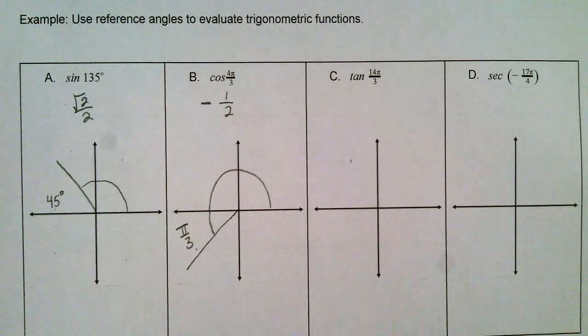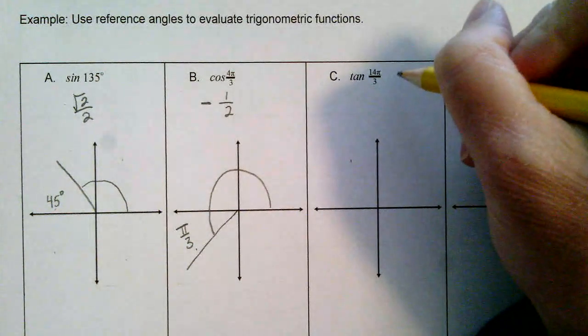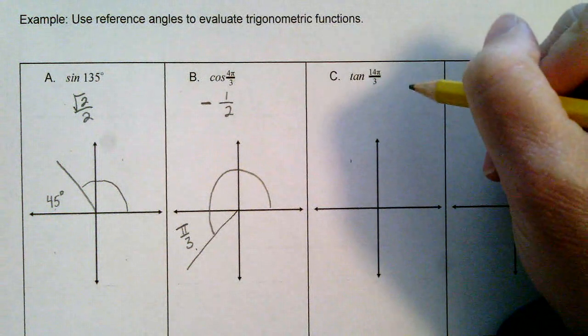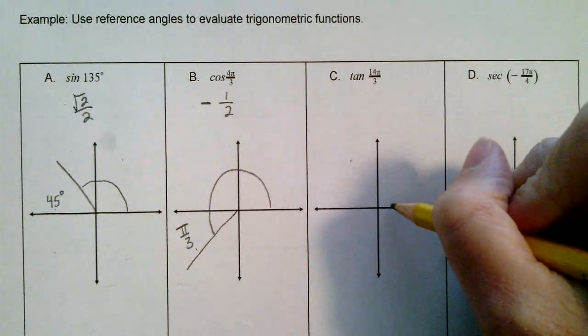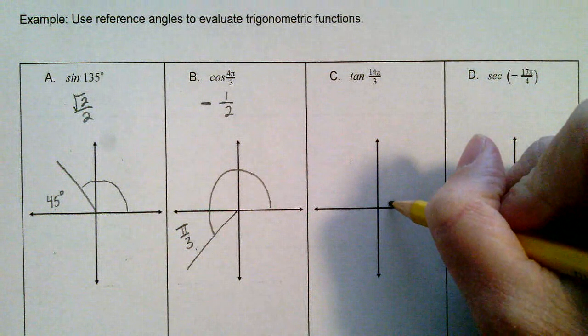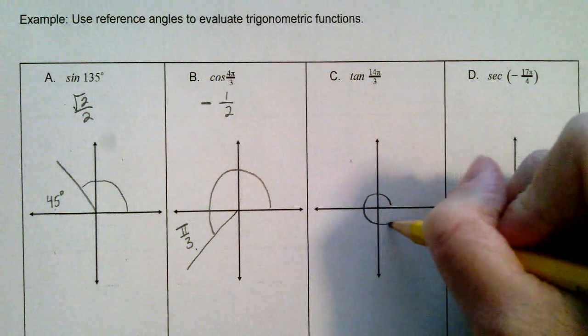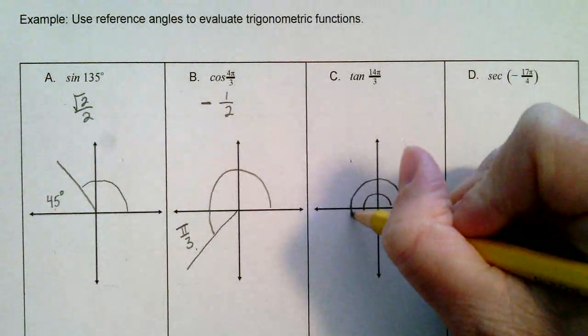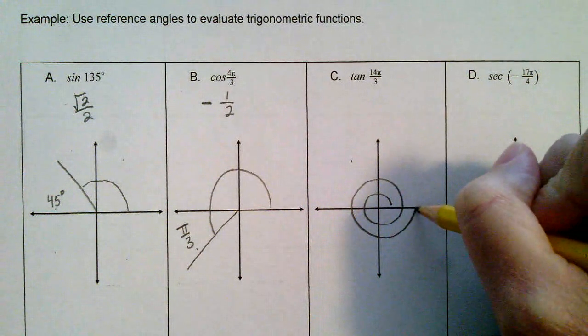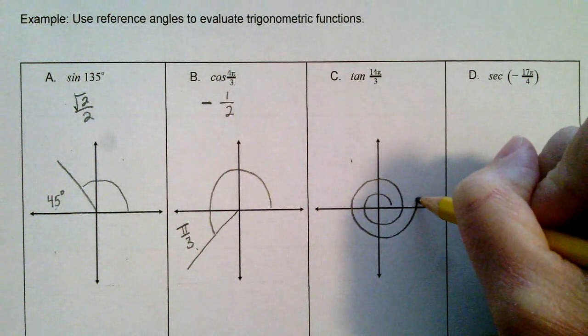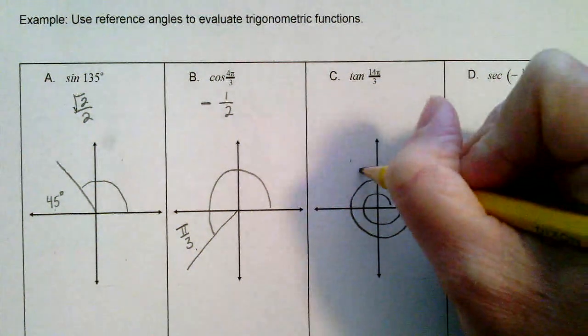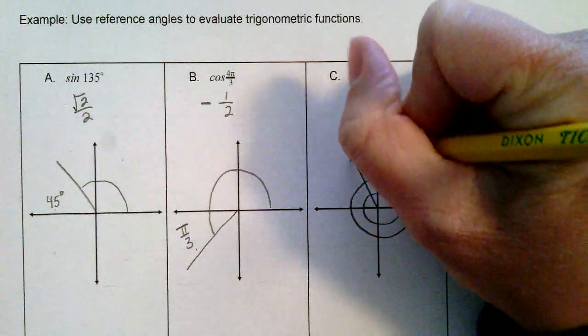Tangent of 14 pi over 3. 14 pi over 3 is 4 pi, so 1, 2, 3, 4. And then I need to go another 2 pi over 3. So that puts me in that quadrant.